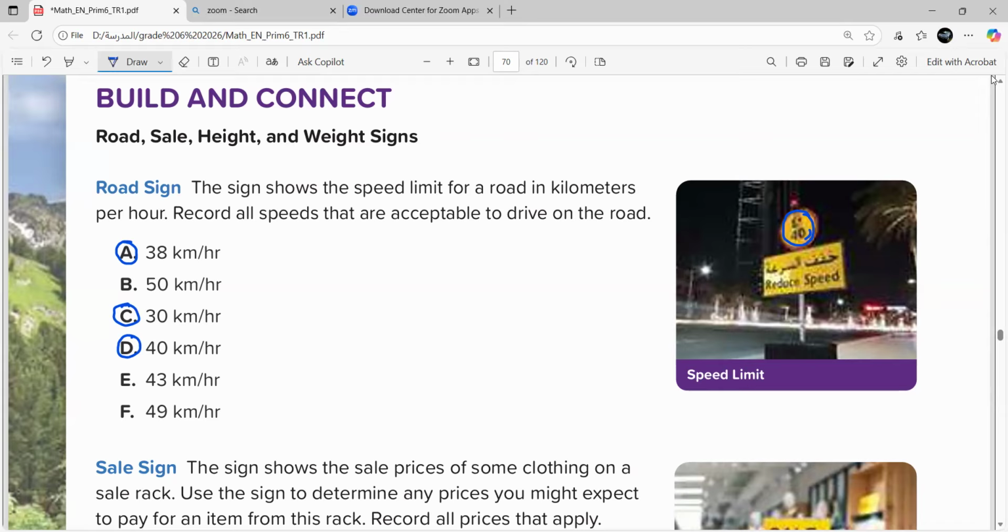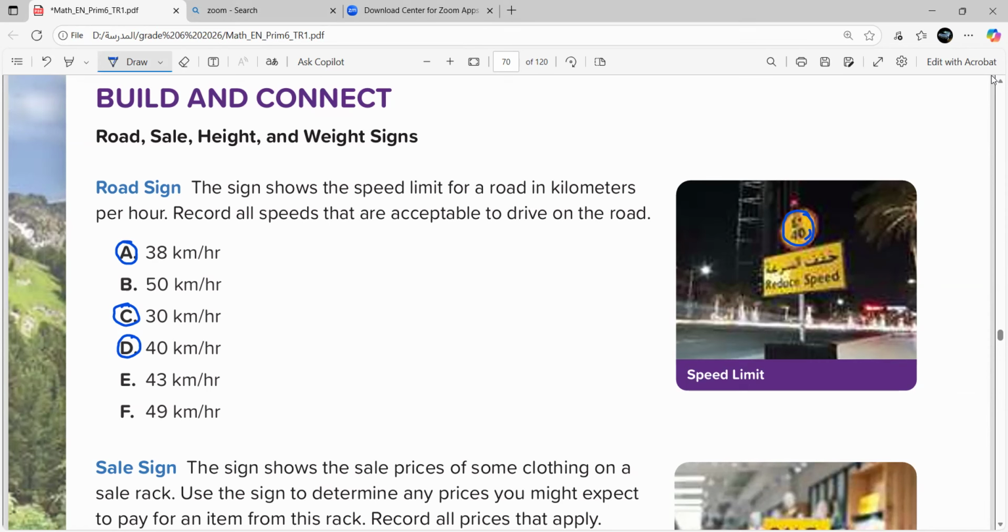And 49 also not acceptable. So we have here 38 kilometers per hour, 30 kilometers per hour, 40 kilometers per hour. These three speeds are acceptable. What does this mean? So the car can move or can travel at maximum speed 40.